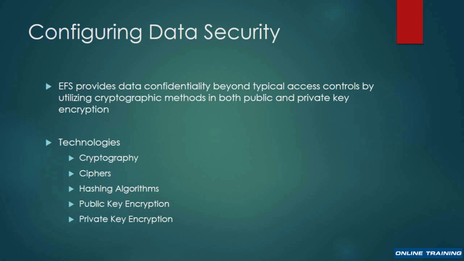Public key encryption, on the other hand, is also called asymmetric encryption, and that means that there's a pair of keys, a public and a private, and that those keys together encrypt and decrypt. Generally speaking, the private key will encrypt and the public key will decrypt, but it could be the other way around. It just depends on the particular scenario and how we're using the encryption.